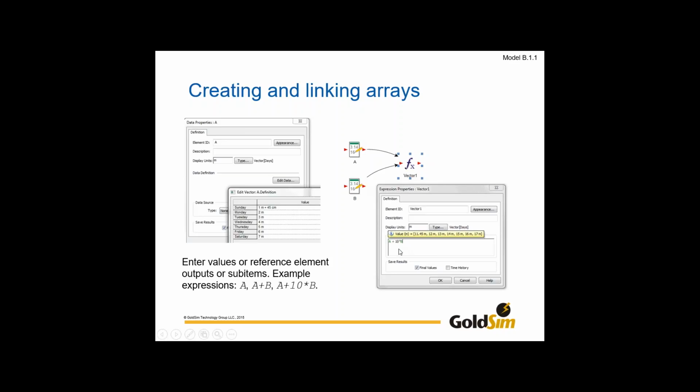And you can see here, all I've entered here is A plus 10 times B. And like I said, A is a vector, B is a vector, and so you can include these in expressions just like you would a scalar value. As long as you have defined your element where you're doing the calculation, in this case an expression element, as a vector, then that'll be valid. And in this case it's a vector of days. So you can do all sorts of calculations just like you would with scalars.